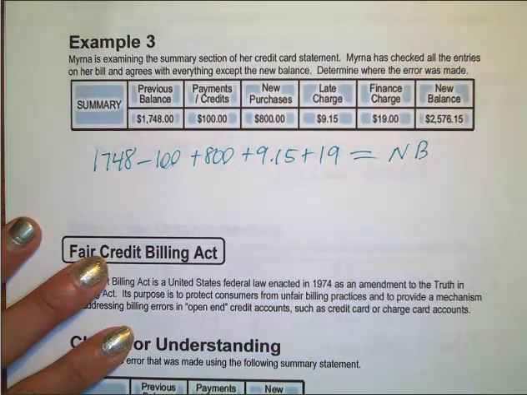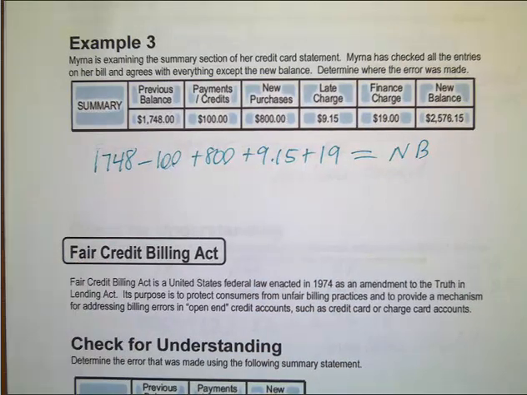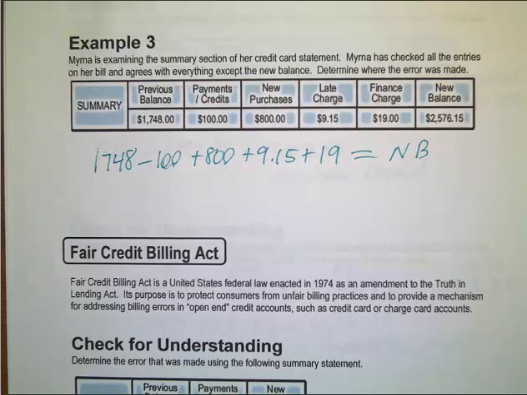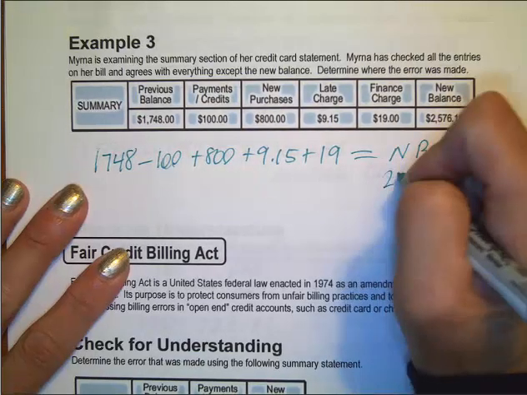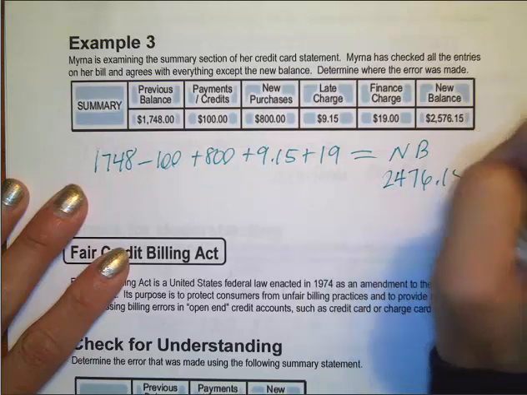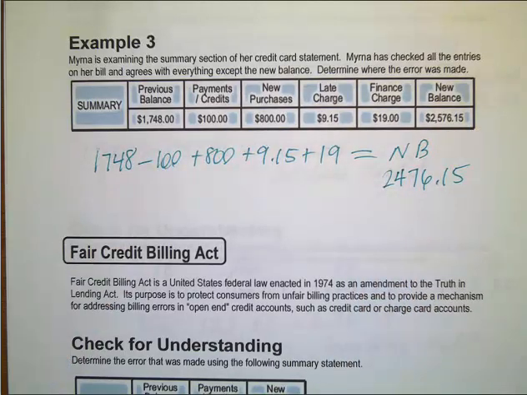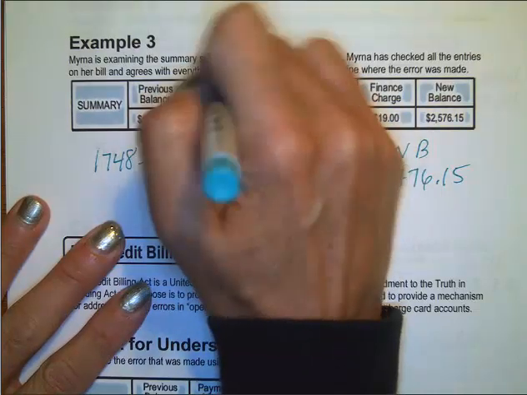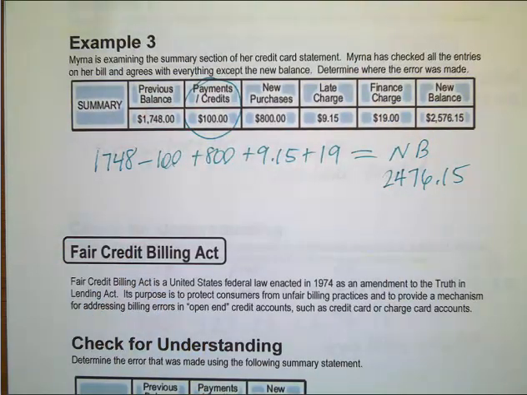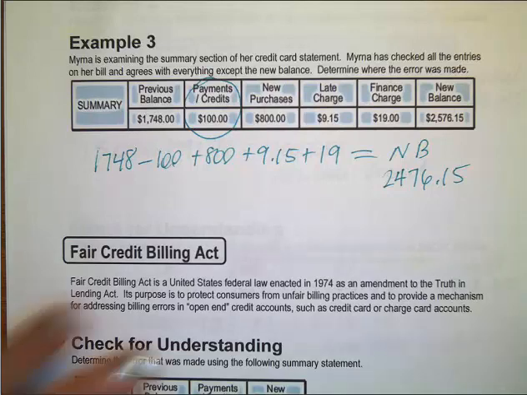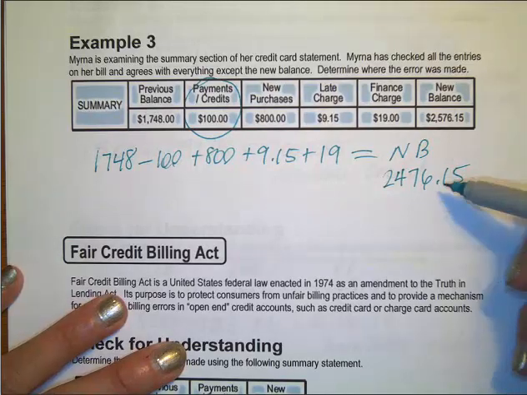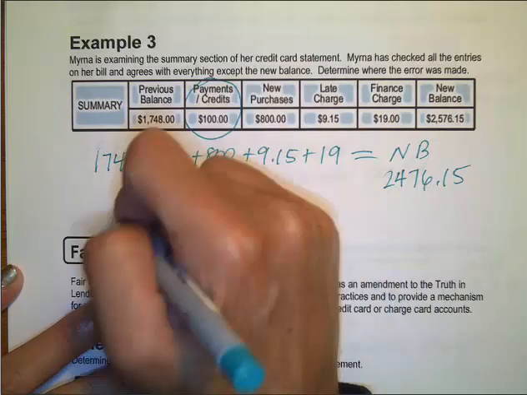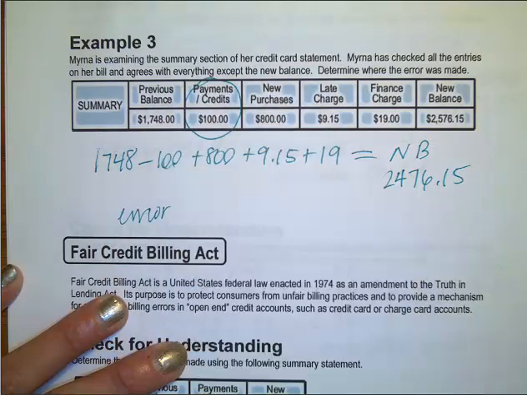So let's see what happens. So go ahead and pause the video and put that in your calculators. So you should have gotten a new balance of $2476.15. So something happened with the payment because we're off by $100. So the error is in the payment.